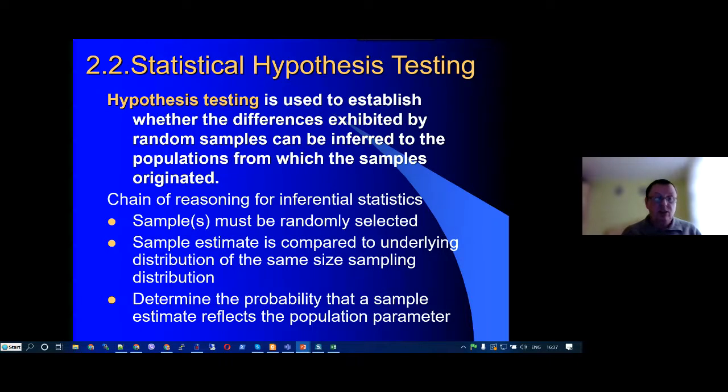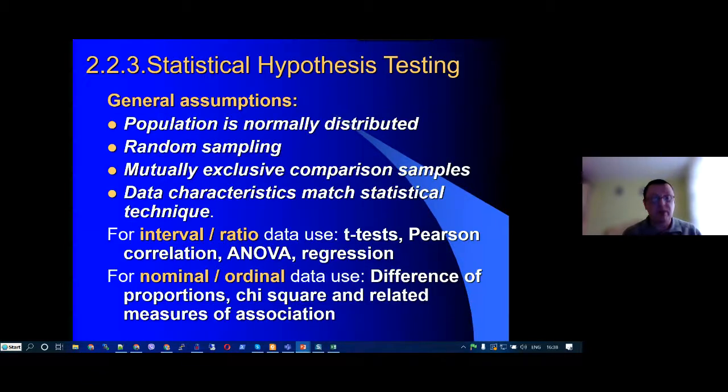A set of principles and steps must be used when performing hypothesis testing in statistical data analysis, especially the assumption that samples must be randomly selected, samples estimated compared to the underlying distribution, the sample size, sample distribution, and the probability that the sample estimate reflects population parameters. And also, we have mutually exclusive comparison samples. Data characteristics must match statistical techniques.